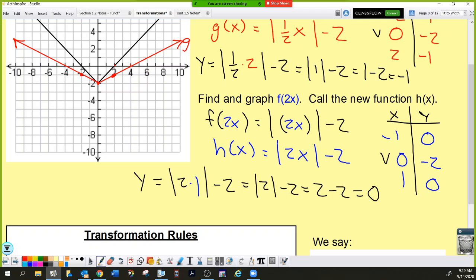So my vertex didn't move, but my x-intercepts got closer together. How about that? This one's H. My x-intercepts got closer together.